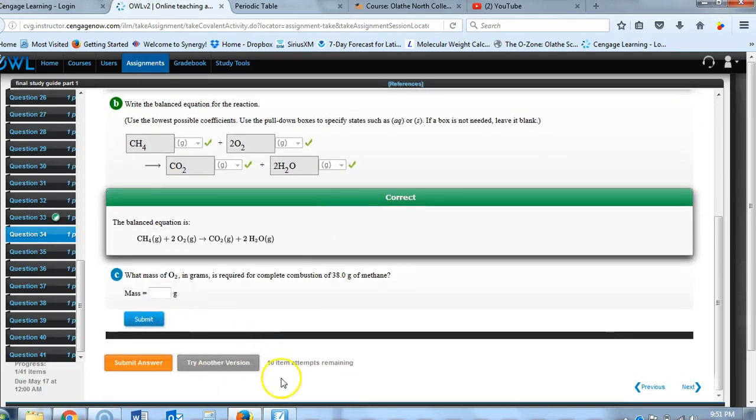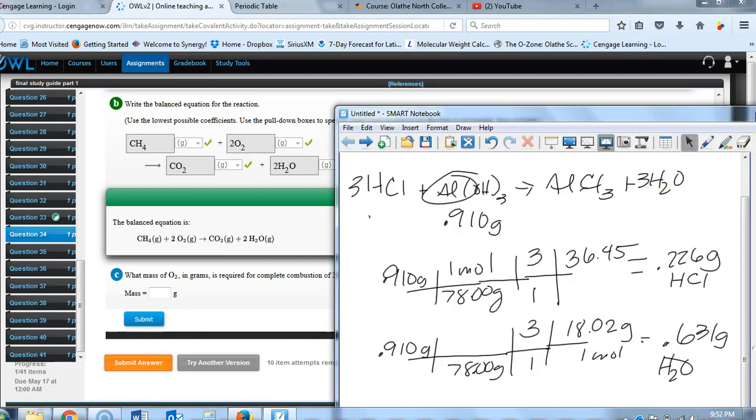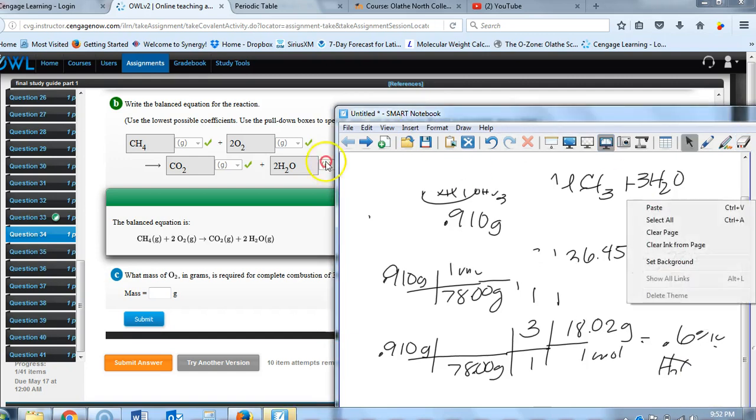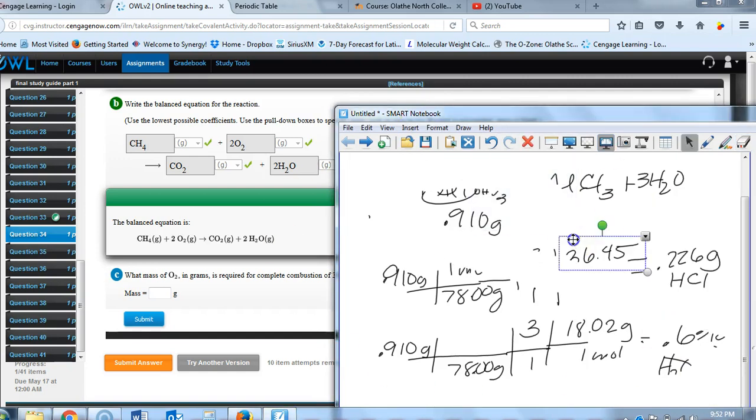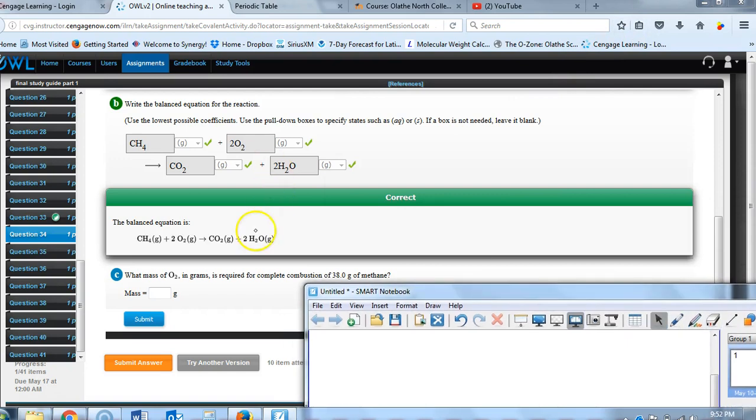What mass of oxygen in grams is required for complete combustion of 38 grams of methane? All right. 38 grams of methane divided by the molar mass, 16 grams in 1 mole.